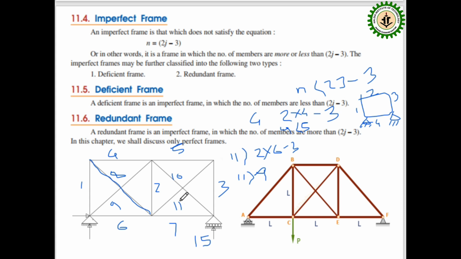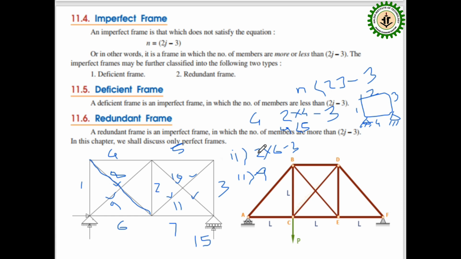In the previous case it was 11, but now we get 2 extra members here, since previously we considered this 1 member and now it is 2 members, and here also 2 members. So 2 plus 2 is 4. Previously it was 11, now it is 15.